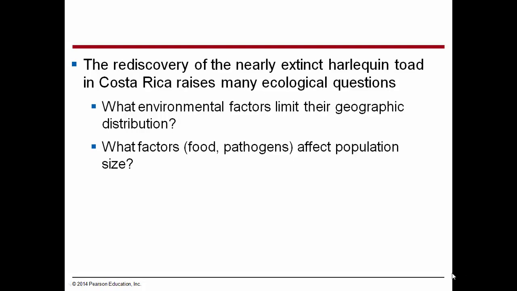Okay, the rediscovery of the nearly extinct harlequin toad in Costa Rica raises many ecological questions. What are the environmental factors that limit their geographic distribution, and what factors, food or pathogens, biotic factors, affect their population size?